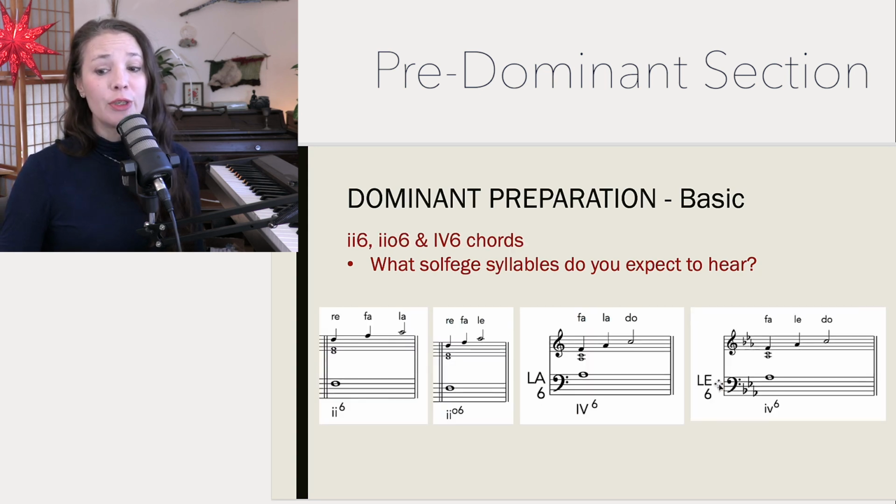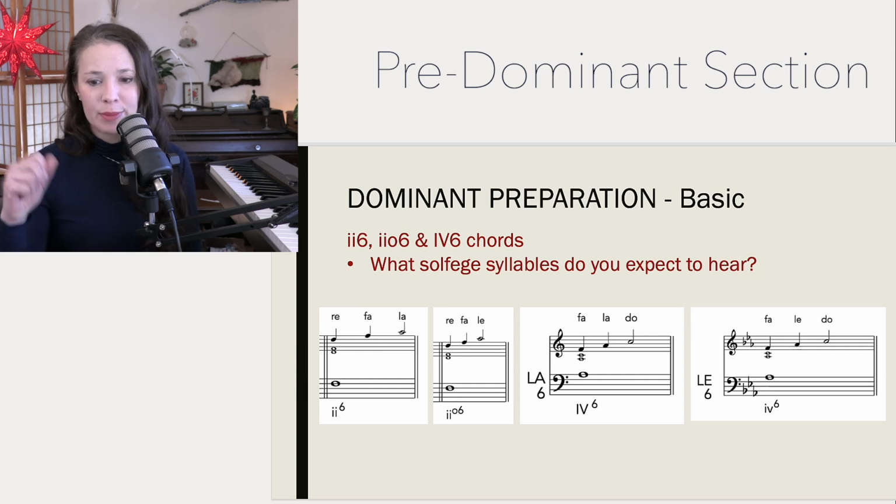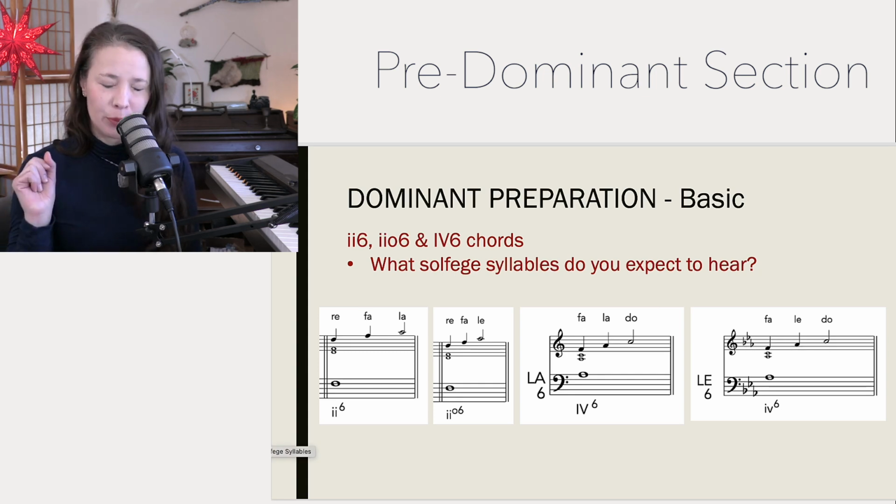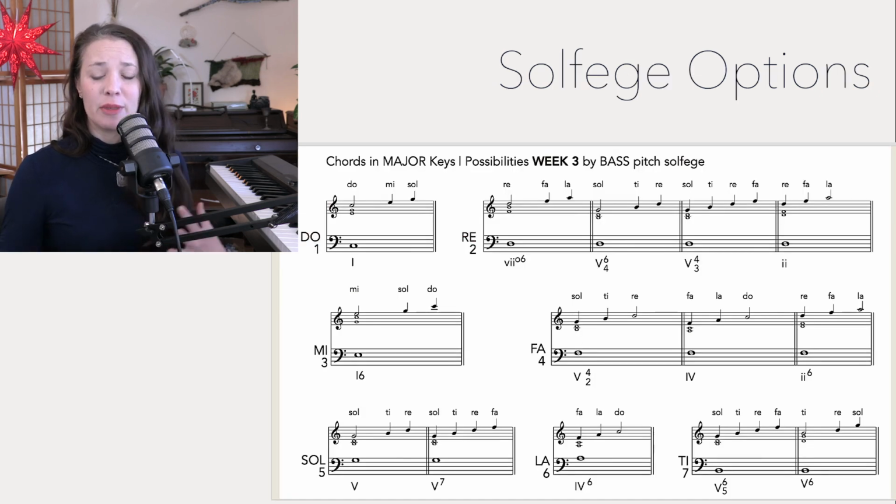Under fa, you can also add in the 2 6 or the 2 diminished 6 in minor. And then la, you get the 4 6, the 4 chord in first inversion, and le, you get in minor the 4 6 in first inversion. Take some time to get your cards in order and process all that information. Maybe pause. Let's take a look at the master chart.